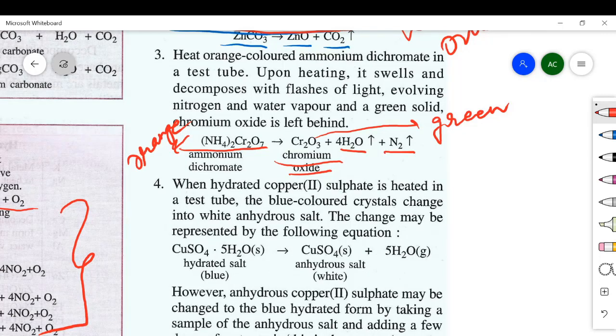Another example, hydrated. Hydrated means water of crystallization is present there. Hydrated copper 2 sulfate is heated in a test tube. The blue colored crystal changes into white anhydrous salt. This is blue in color and changes to white color, copper sulfate. This also will be done in the lab.